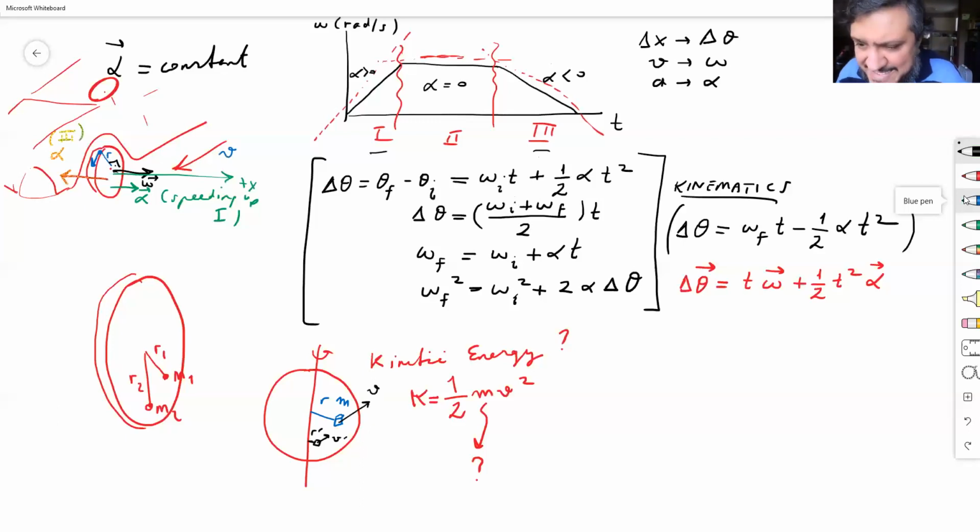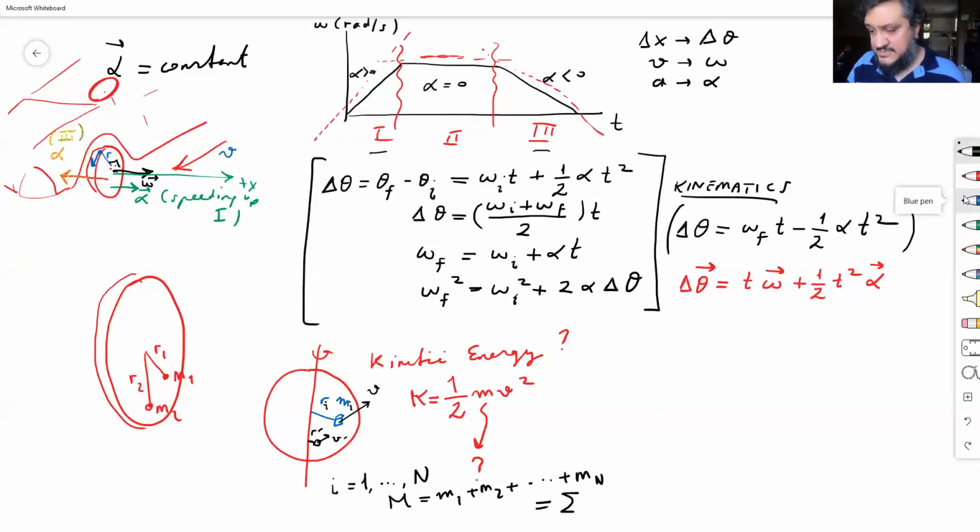So why don't I actually use indices? Let me call this ri, and call this one mi. Those little cubes don't have to be the same size. Anyway, we have this index that goes from 1 to a really large number, n. And the total mass of the object, let me use capital M, will be the sum of these little masses, m1 plus m2, dot, dot, dot, all the way up to mn, or if you want to use the fancy notation, sigma i from 1 to n, mi.